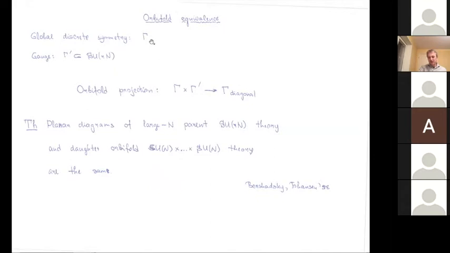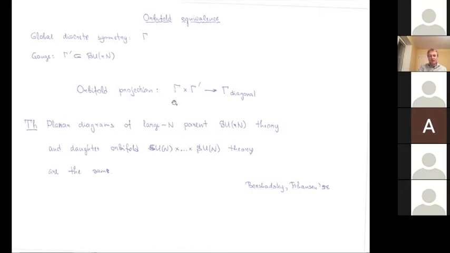They are isomorphic as groups, but they act differently on the fields. Gamma acts as a global symmetry, and gamma prime is the same group, but it acts on the color indices of all fields, and it is simply a subgroup of the global color transformations.